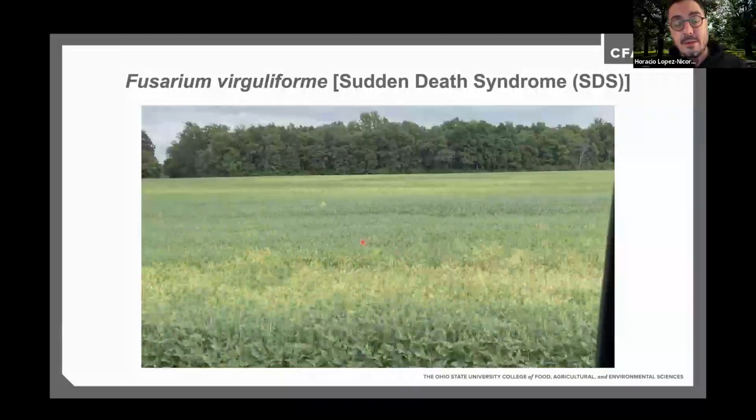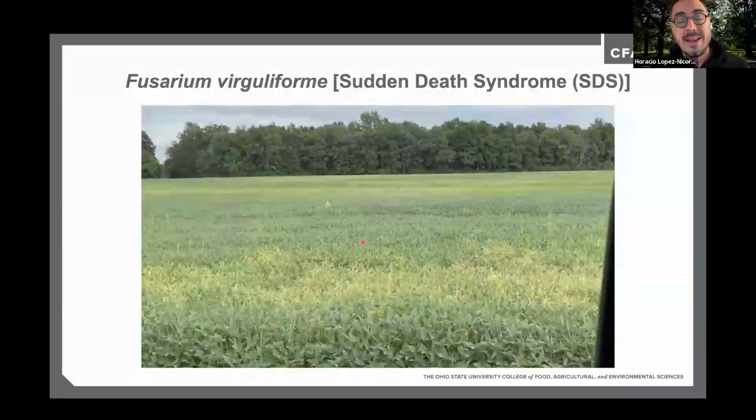Then the fungus is in the root system, damaging the root system. The fungus actually infected the plant very early at planting. And if we planted in cool soil temperatures below 65 degrees Fahrenheit, the damage is more severe due to SDS. Now, the fungus produces a toxin that then is translocated upwards and presents those symptoms in the leaf that cause defoliation.